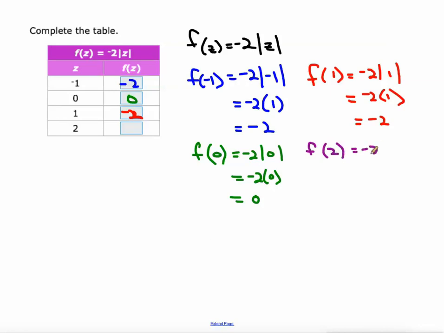So that would be negative 2 times the absolute value of 2, which is no different than negative 2 times just 2, which is actually negative 4 this time. So we did get 3 negative values there. I think in this case it's important to notice that absolute value functions don't always turn out positive. When we multiply that absolute value quantity by a negative, we do get negative values.